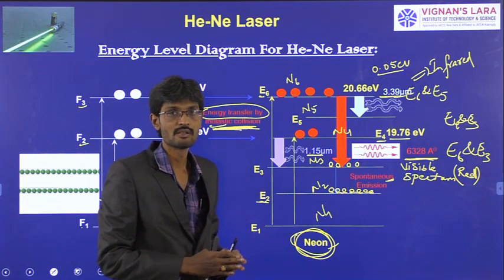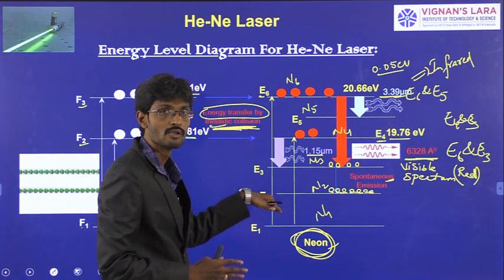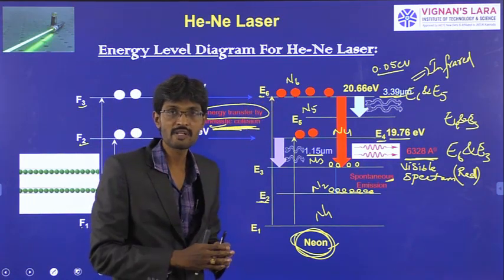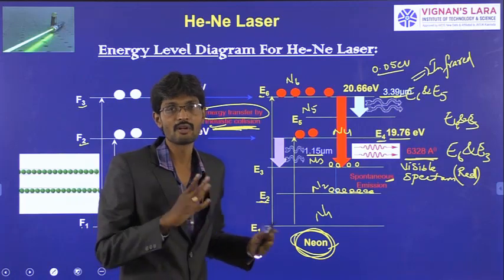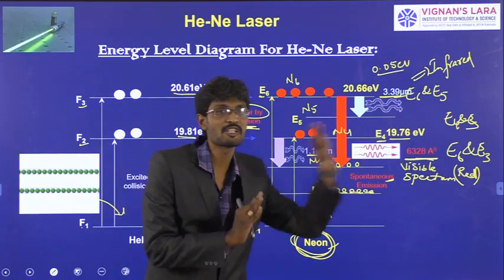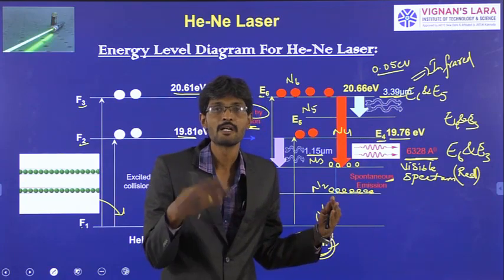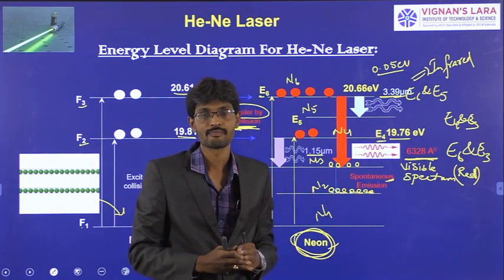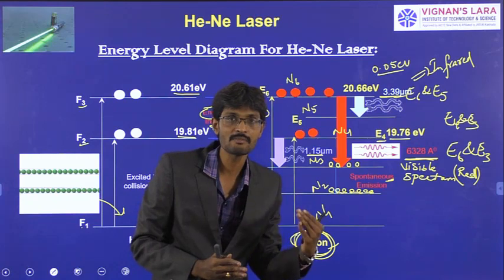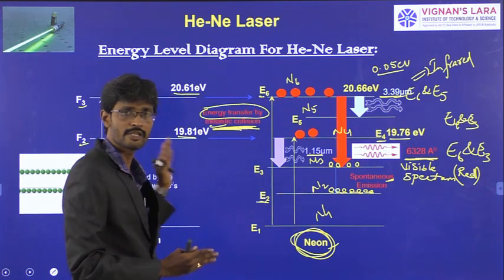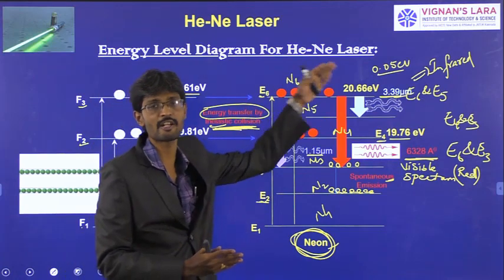As a result, no neon ions jumping to E4 and E6, no population inversion, no stimulated emission, and no laser. That means once the laser is produced for a period of time, for a period of time no laser will be produced. And again, after some time, neon ions will come back to E1, they collide with helium ions, and they go to E4 and E6 and they produce laser.